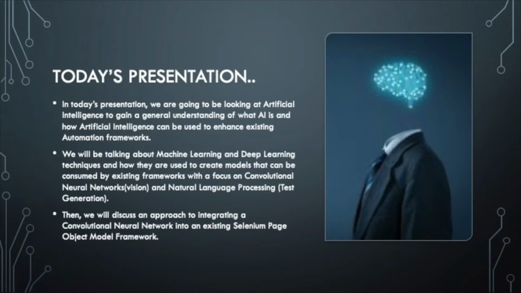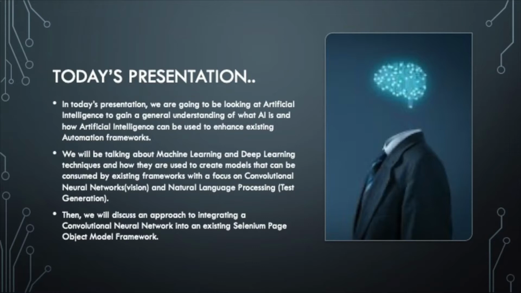In today's presentation, we are going to be looking at artificial intelligence to gain a general understanding of what AI is and how artificial intelligence can be used to enhance your existing automation frameworks. We will be talking about machine learning and deep learning techniques and how they can really be used to create models that can be consumed by existing frameworks, with a focus on convolutional neural networks for vision and natural language processing for test generation.